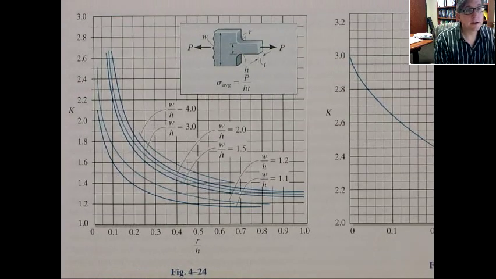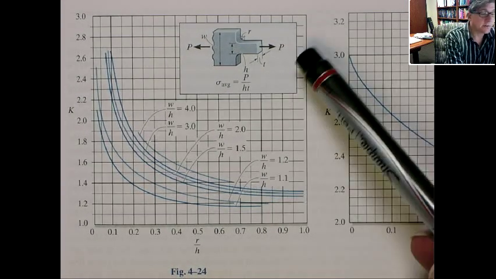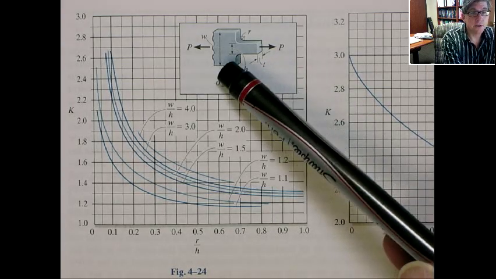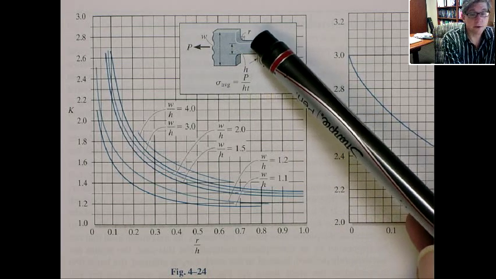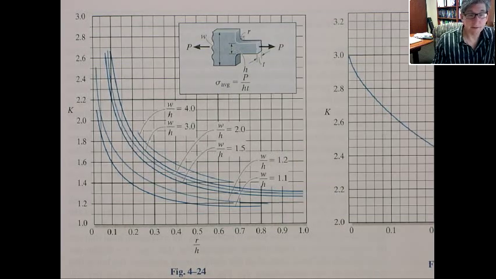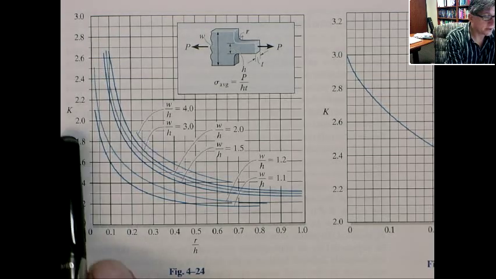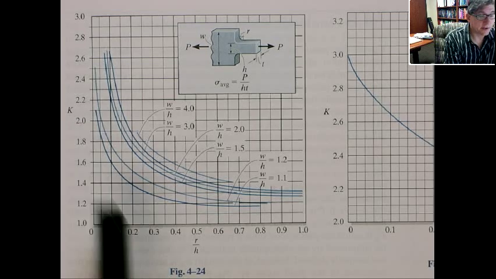If you have a design that looks like this, and you want to know the stress raise that happens at these corners because of that stress concentration factor, you find the appropriate table, and then you can actually look up K, the stress concentration factor.